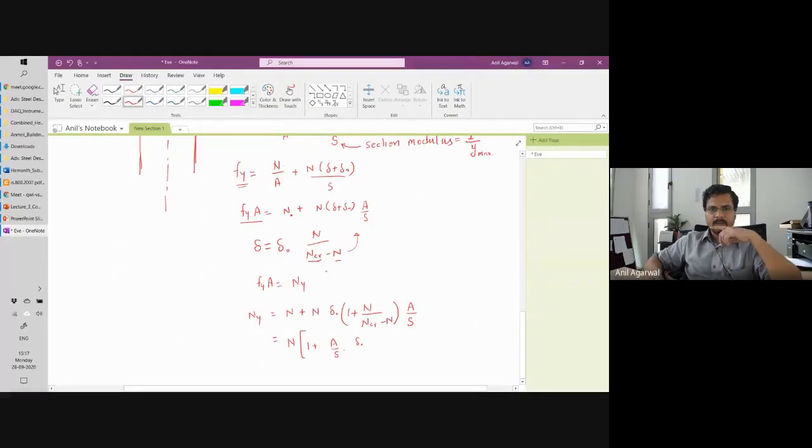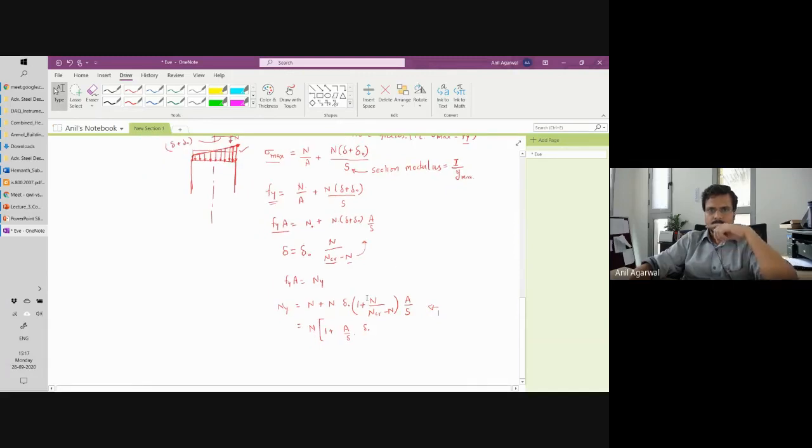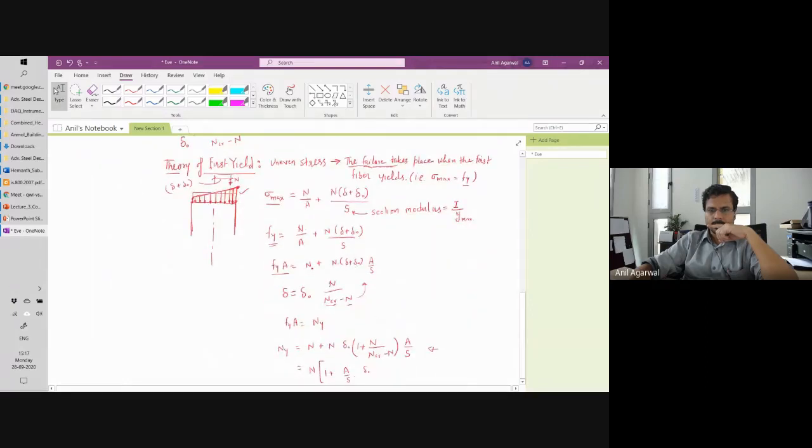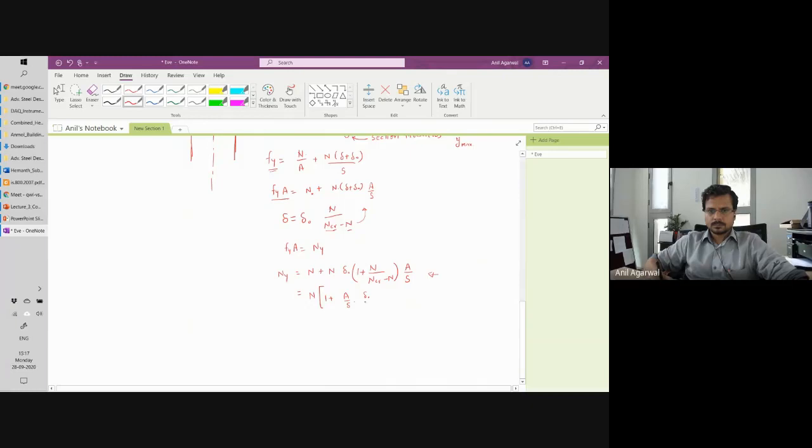Should it be, when I do the substitution here, this step is okay, right? 1 plus delta plus delta naught is equal to n divided by... So this will be equal to n times 1 plus A by S. We'll take n critical minus n in the denominator, so we are left with n critical minus n plus n, which is n critical.